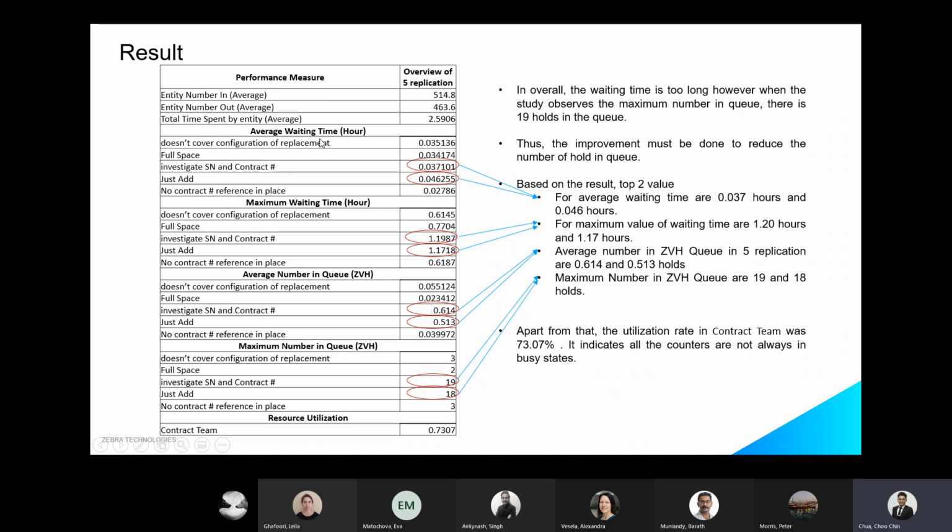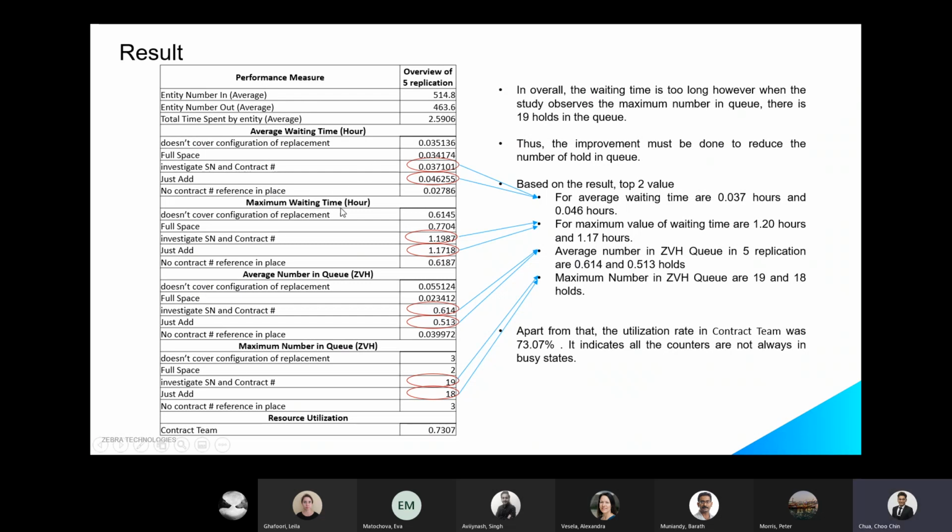The average waiting time, meaning the waiting time between one hold and the next hold, is 0.003. The top two highest are investigating the serial numbers and the contract number, and just added, which means that if nothing happens, we just add the serial number into the contract.